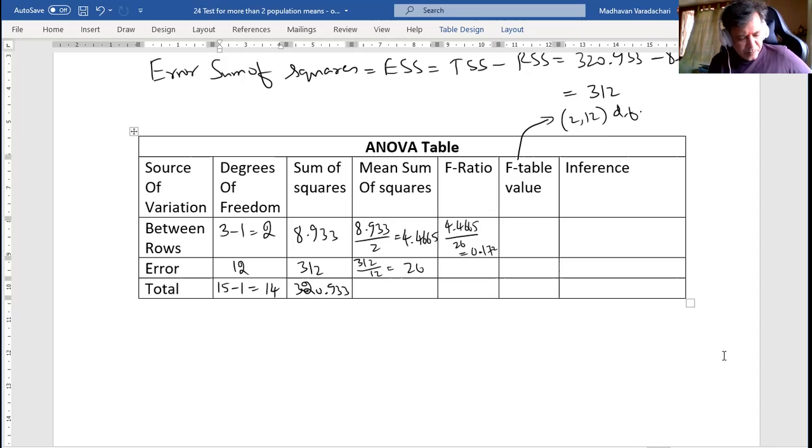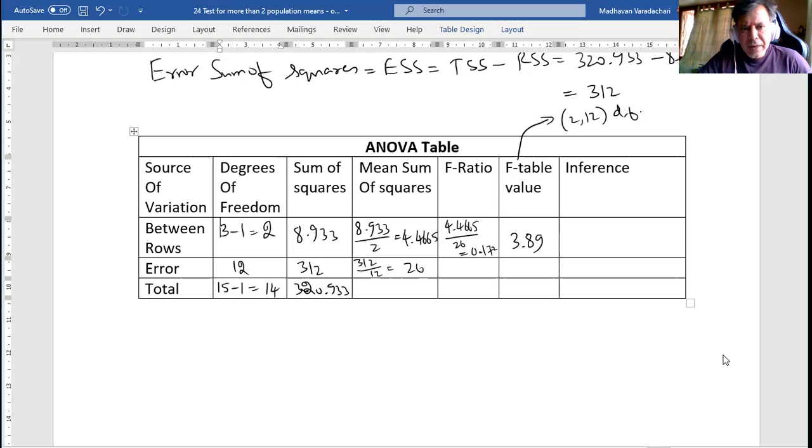For 0.05 level of significance, numerator degrees of freedom is 2 and the denominator degrees of freedom is 12. So we get 3.89 as the table value.